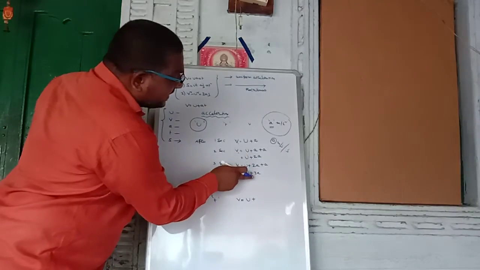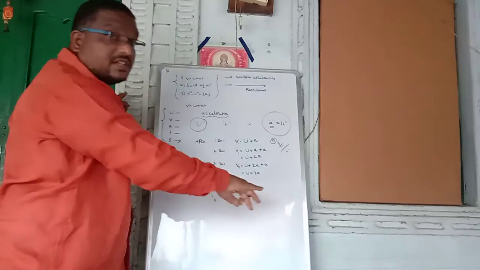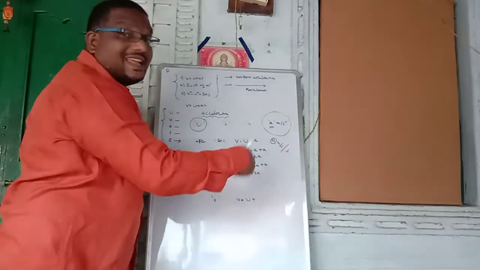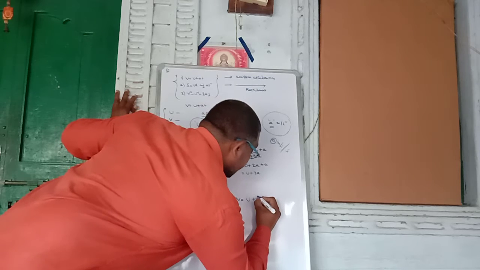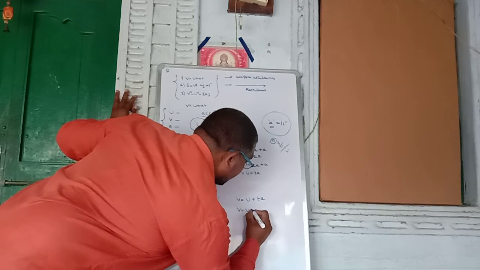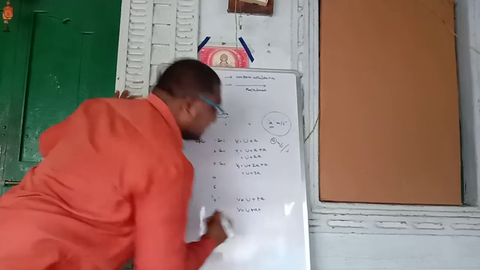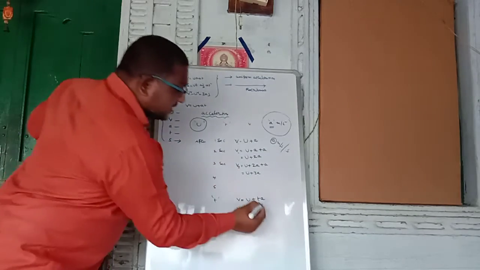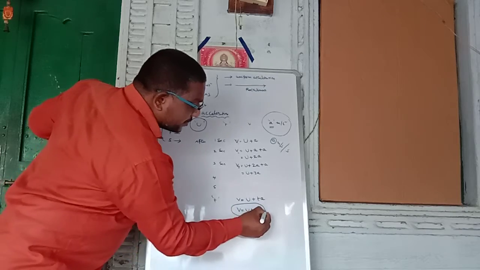Here the number is the time. So TA is the increase, and it can be written as V is equal to U plus AT. So this is the first equation of motion.